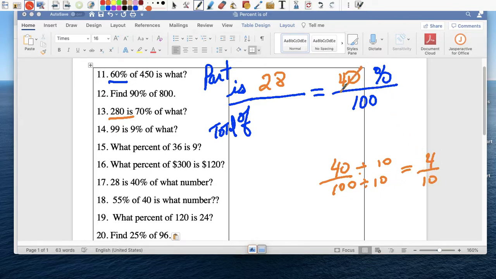I'm going to change the 100 to 10. How does 4 become 28? Times 7. So aquí abajo, I multiply by 7. 10 times 7 is 70.